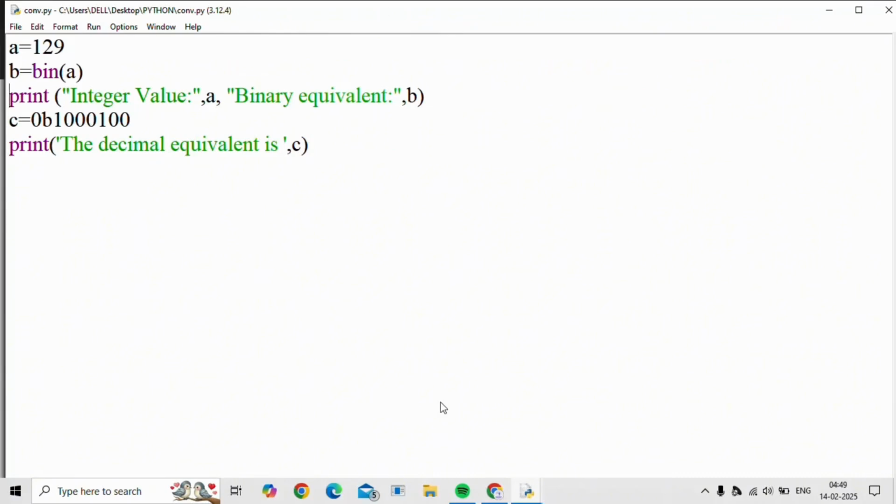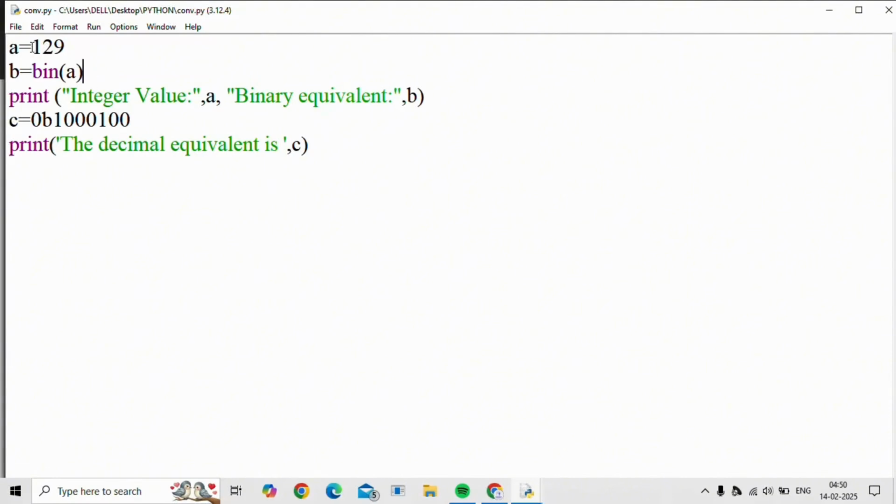In the next program, we are performing the conversion operation. Look at the first statement. We declare one integer variable. It contains an integer value. I want to convert this decimal value, the whole value, into a binary value.